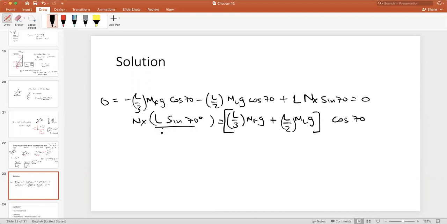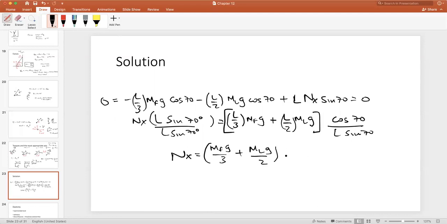If I divide through by L sine of 70 degrees, first of all, note that there's an L here and an L here, so I get that n_x is equal to m_f g divided by 3 plus m_l g divided by 2. The L went away.